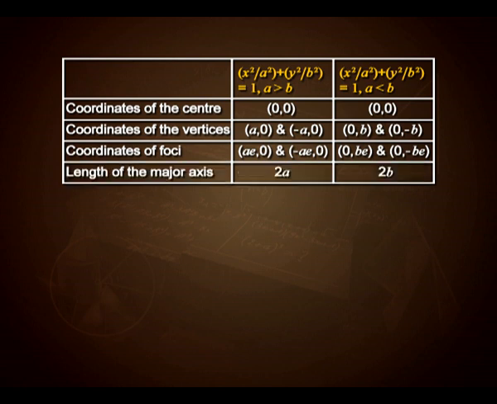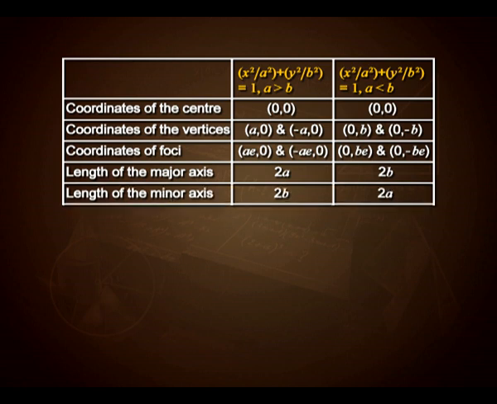The length of the major axis in the first case, where a is greater than b, will be 2a, and in the second case, where a is less than b, it will be 2b. The length of the minor axis will be 2b in the first case where a is greater than b, and it will be 2a in the second case where a is less than b.